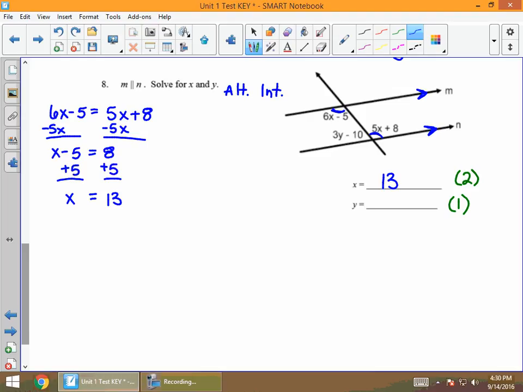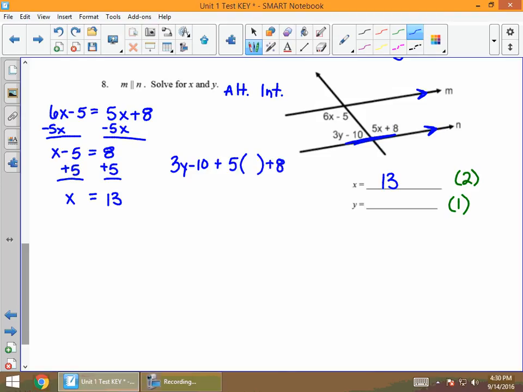And here's what your process needs to look like. In order to find y, I have to look at this straight line right here. You'll see the straight line. I have a linear pair of angles. So that means 3y minus 10 plus 5x plus 8.